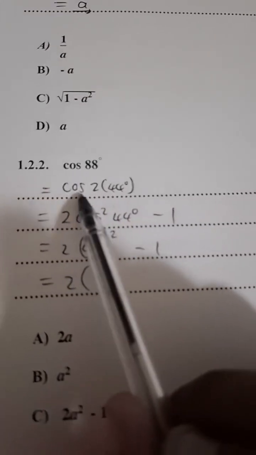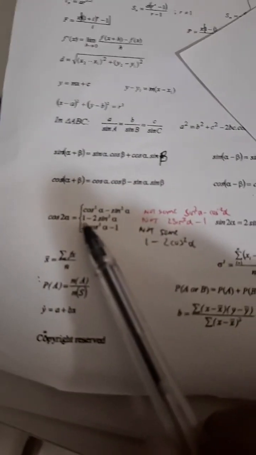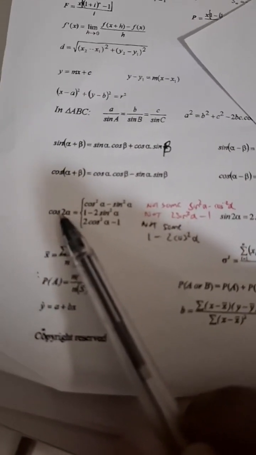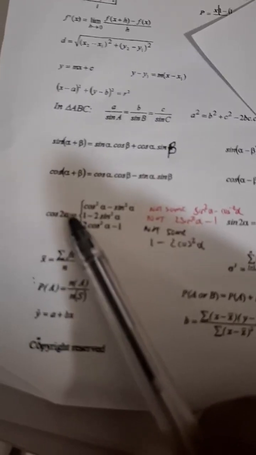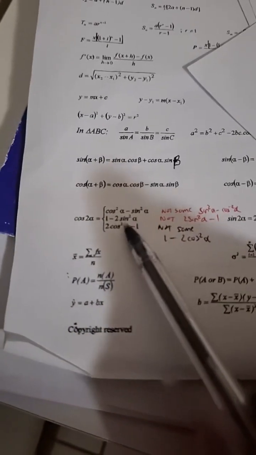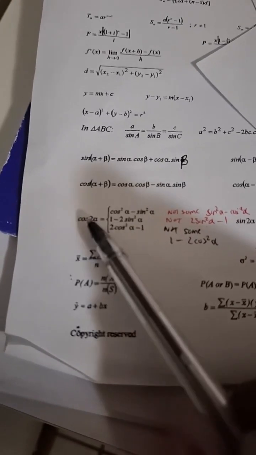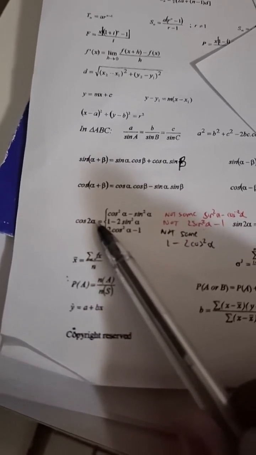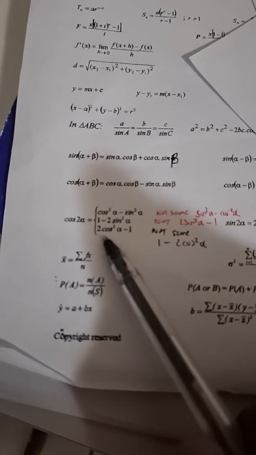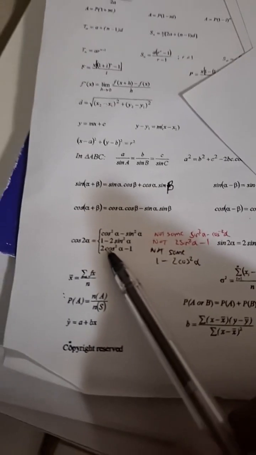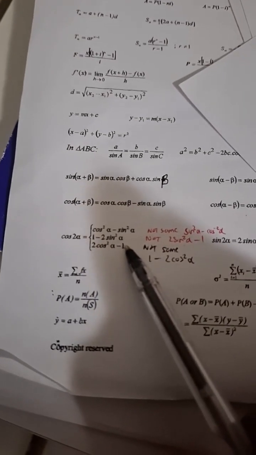And I'm explaining this so many times. Cos 2 times 44 degrees is the double angle cos 2 times alpha. Instead of alpha, we have 44 degrees. So now we can use one of 3 of these expressions to expand cos 2 times 44. I decided to use 2 cos squared alpha minus 1.